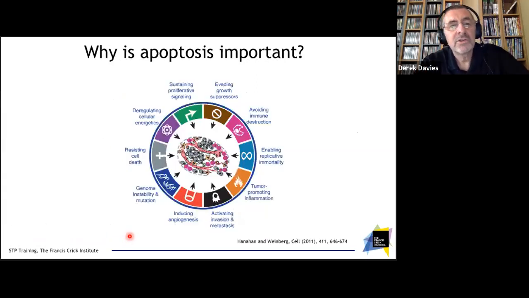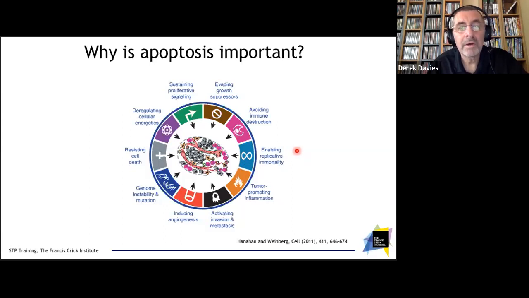And again, this cartoon just shows why apoptosis can be important. Those of you who came to our DNA analysis seminar will know that looking at cell proliferation is important in flow cytometry, because one of the ways that we can look at the DNA content of cells is to measure it on a flow cytometer.